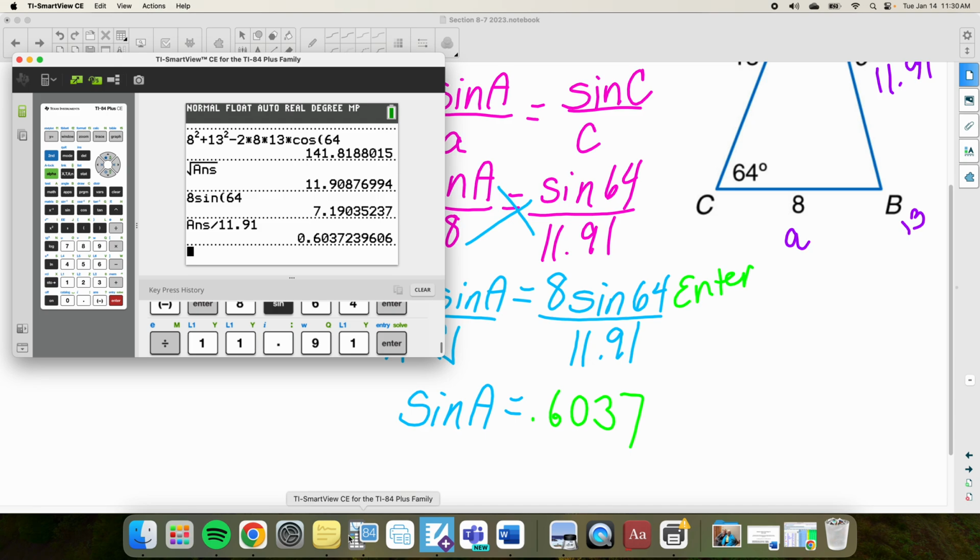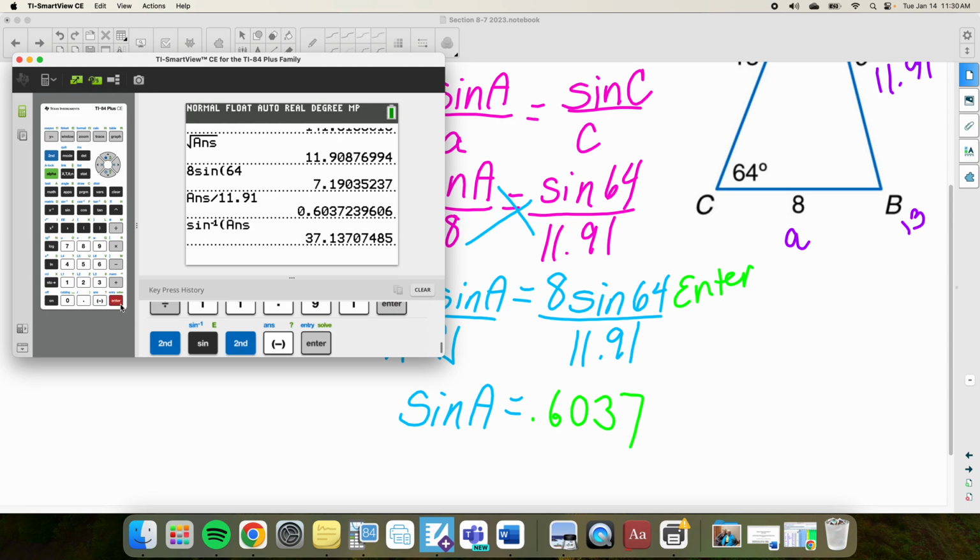Remember, Christian? It's inverse sine. Yes. So we're going to go second sine, and we're going to call this whole number down by going second answer. And did you guys get 37.14? Doesn't that look like a more normal angle than 0.6?